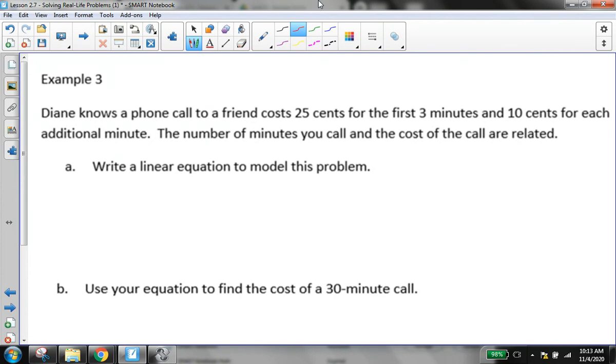All right, so let's think about what's actually given to us in this problem. So I can see here the word each popping up. So it's 10 cents for each additional minute. Since I saw that word each, I'm kind of feeling like this is my slope in the problem.